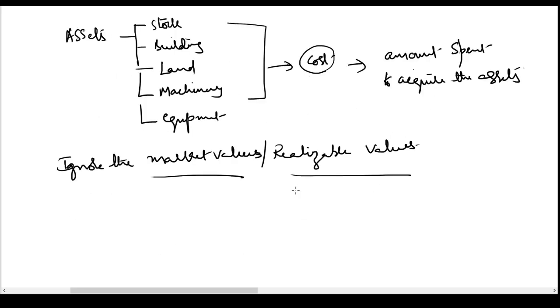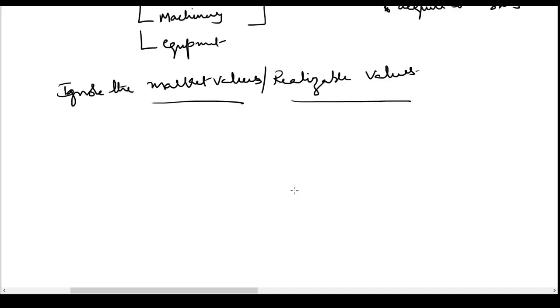Let us suppose you purchase some goods, stock. You have purchased 10,000 units and you have incurred 100 rupees per unit. So the value of the goods in your books is 10,000 into 100, which would be 10 lakh rupees. This is the cost.